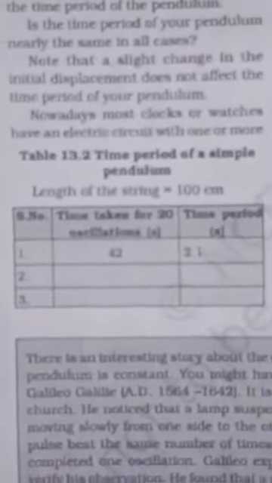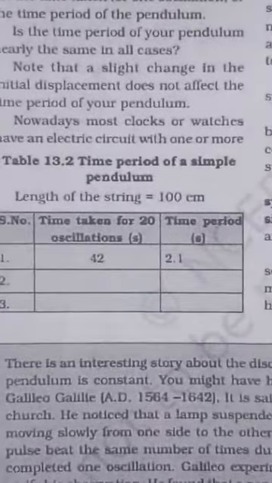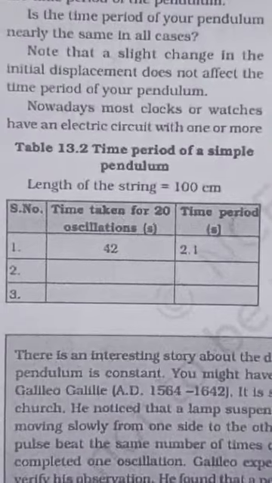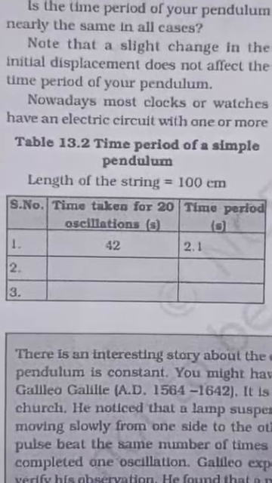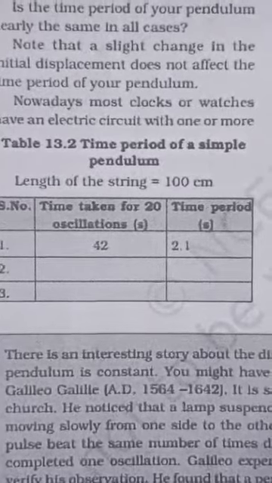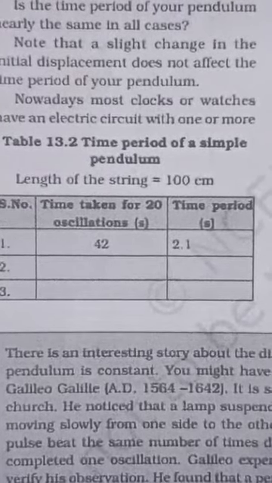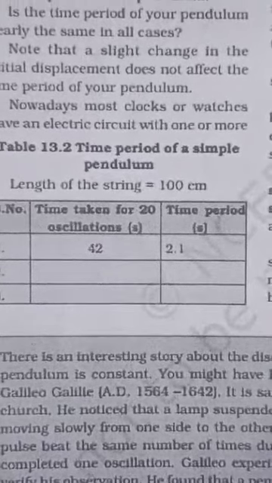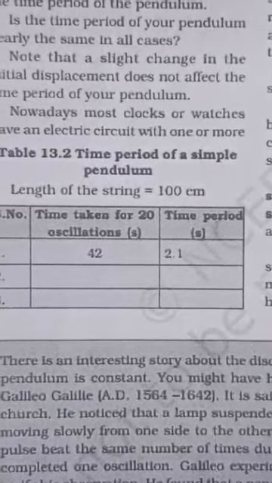I will show it. Put the observations in the table: the time taken for 5, 10, 15, 20 and 25 oscillations, and calculate the time period.